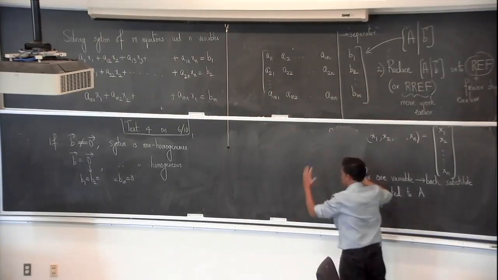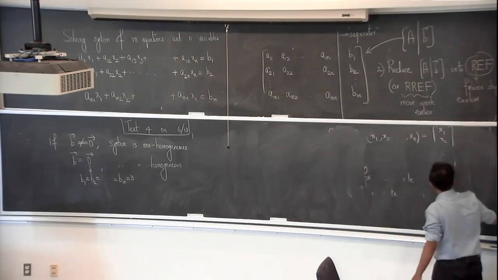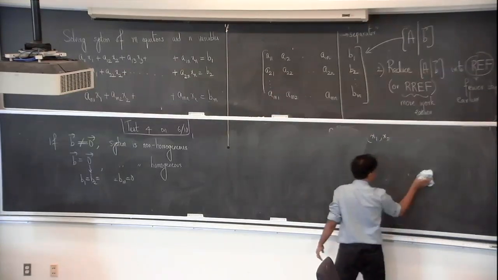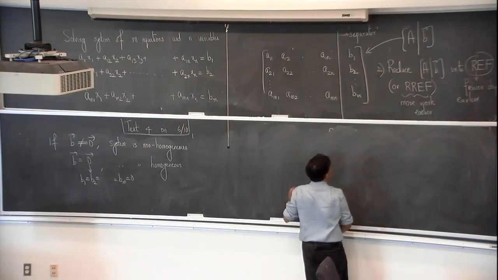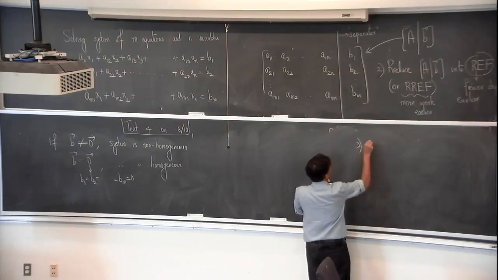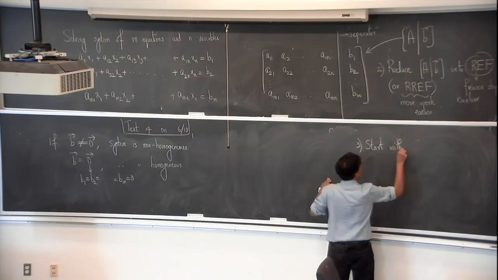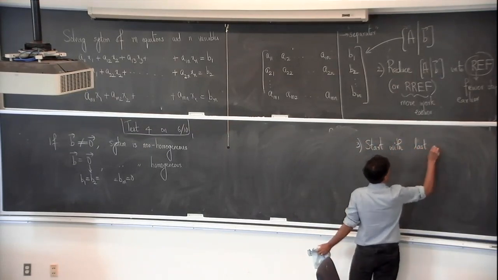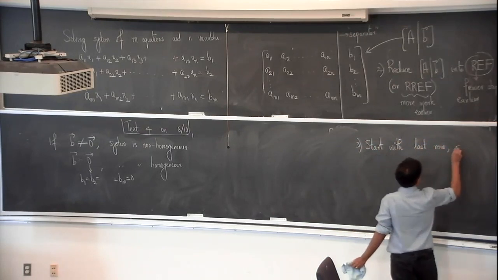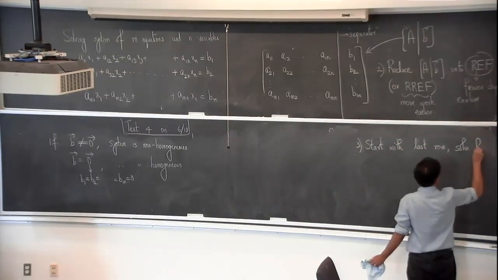Now you have a nice structure because of all these ones and zeros. Okay, you start with the bottommost row. So step 3. Start with the last row. Solve for xn.